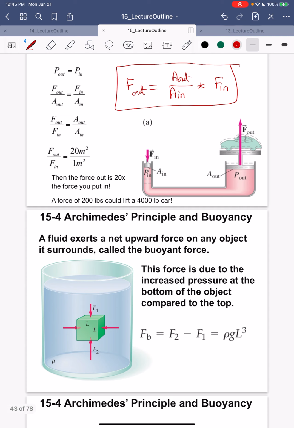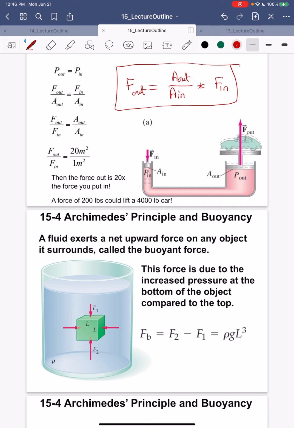Now, the next topic here, also related to statics, is Archimedes' principle and buoyancy. Okay, Archimedes was able to solve a dilemma. The legend says the king was trying to find out if his crown was made of pure gold, and he asked Archimedes to do that without ruining the crown.